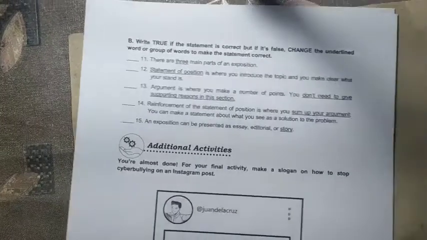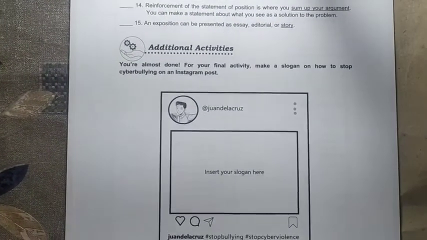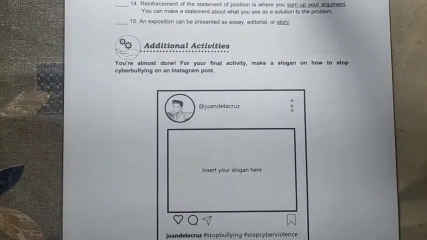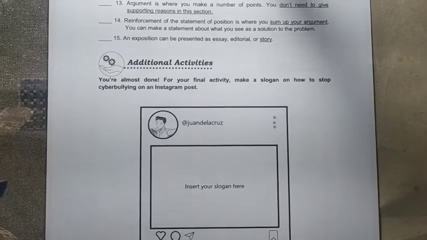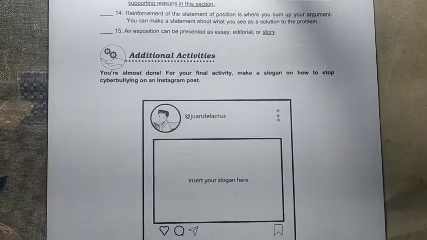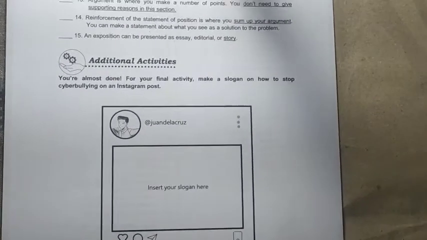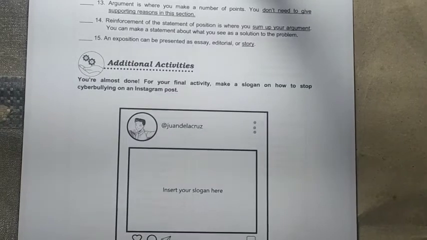Then for your additional activities, you are almost done. For your final activity, make a slogan on how to stop cyberbullying on an Instagram post. So we are done using Facebook, we are done using Twitter. Now it's time to use Instagram. So maybe you can write it on a clean sheet of paper.